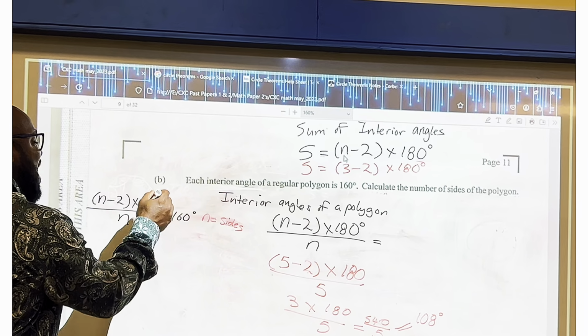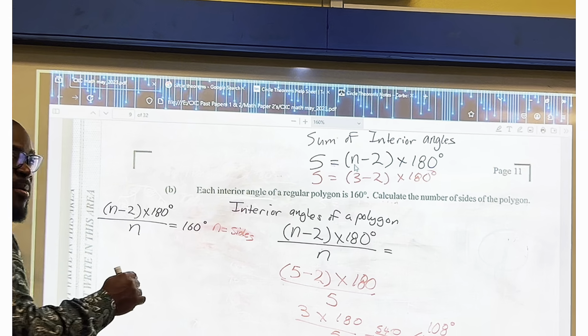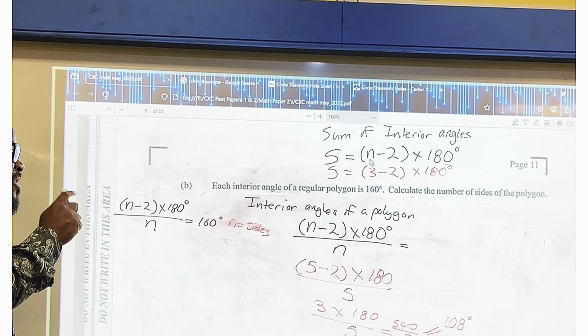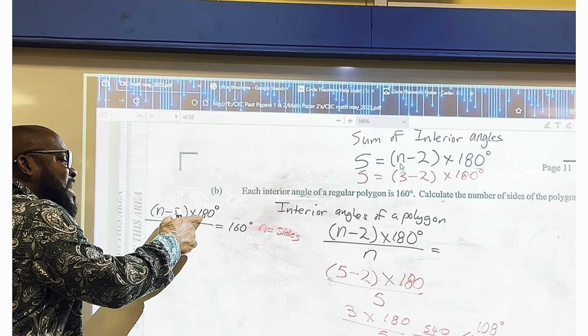Good. Let us cross multiply. What do you mean by cross multiply? Let's transpose to leave this by itself.